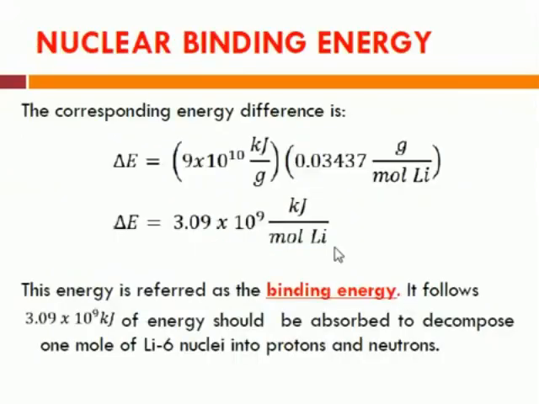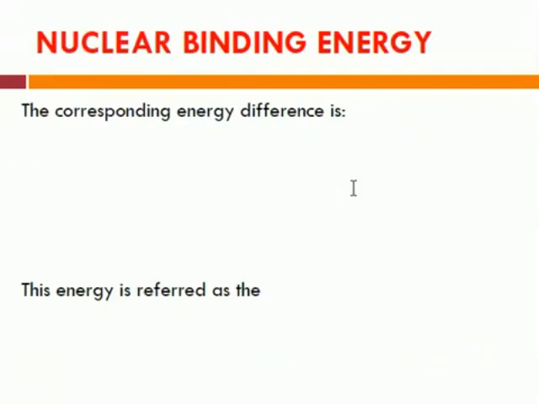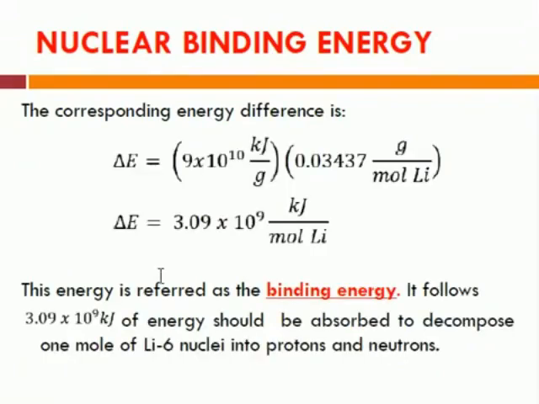The corresponding energy difference is, so we're going to use the formula 9 times 10 raised to 10 kilojoule per gram multiplied by delta M. So this is the computed value of delta M here. Okay, so delta E is equal to 3.09 times 10 raised to 9 kilojoule per mole of lithium.